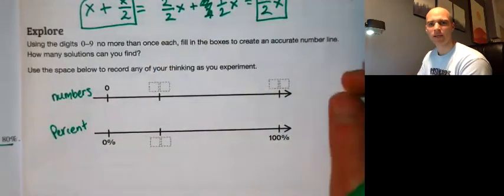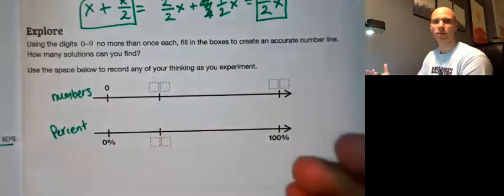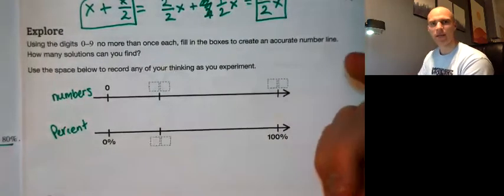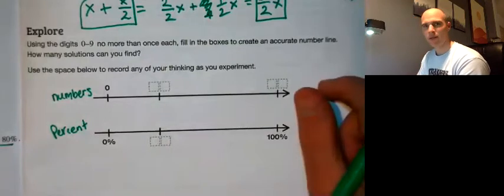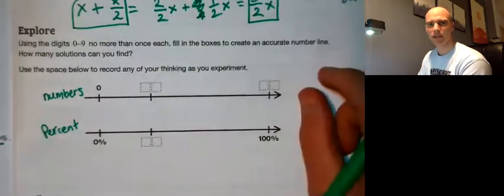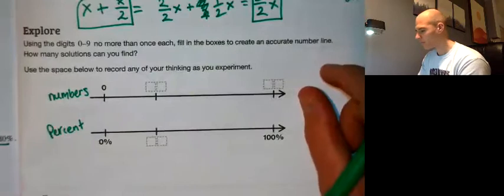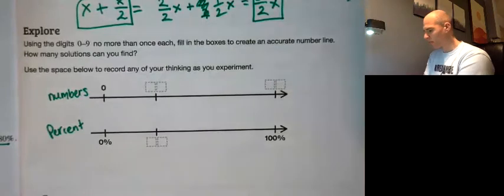We can't have that because I'm only allowed to use 3 one time, so I can't make this 33%. So I don't know, how about 30% then instead? Okay, so this is going to be hard. I wonder if we're allowed to put decimals.